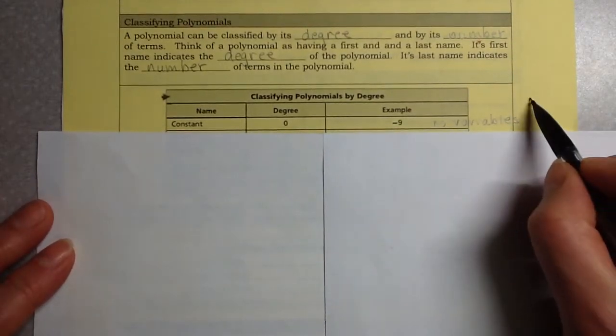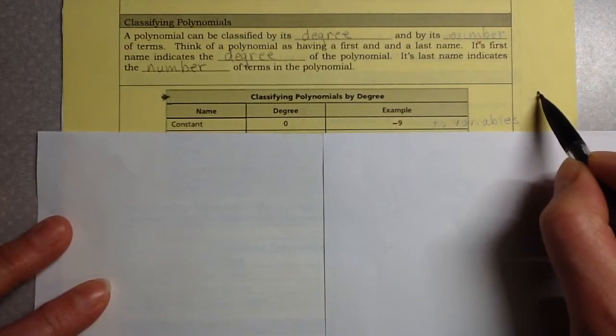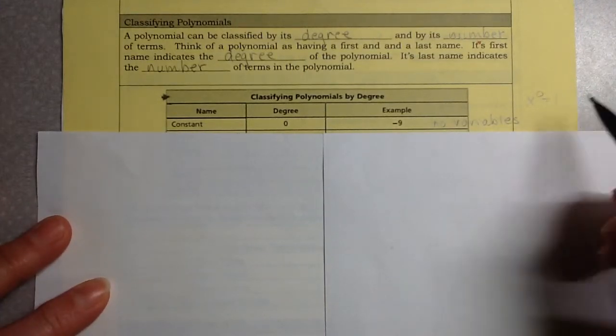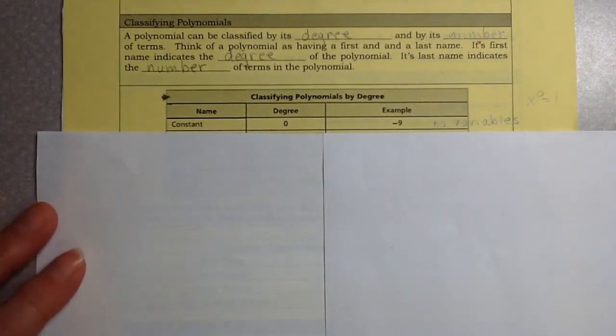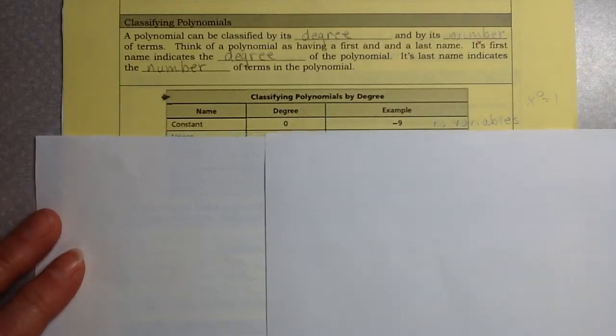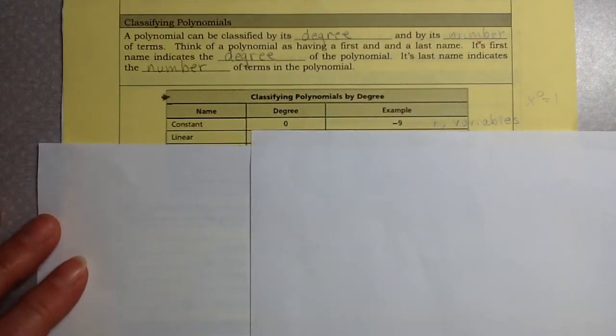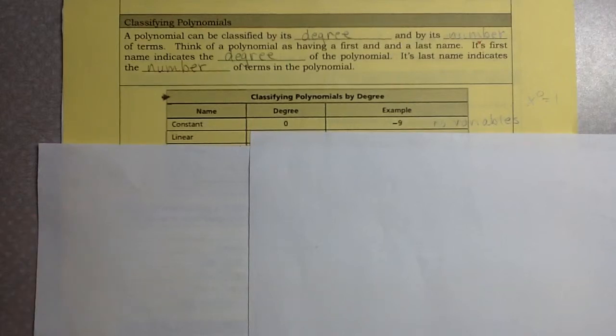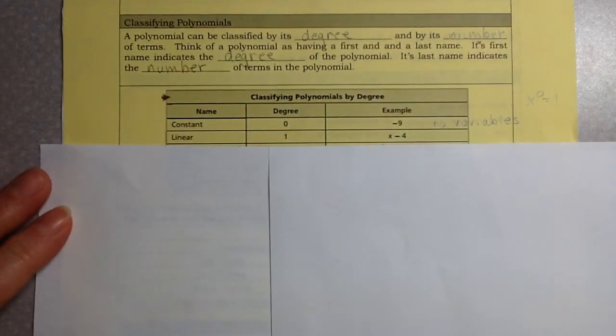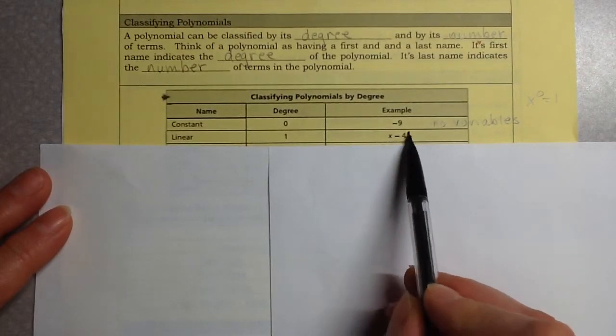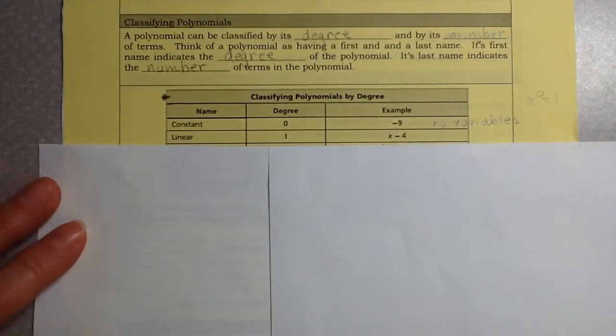If you had a variable and you put a degree of 0 on it, that would just turn into 1. So no variables and a constant. Linear, we worked with a lot of linear polynomials earlier in the year, and they have a degree of 1. And if you would graph this, that would look like a line.